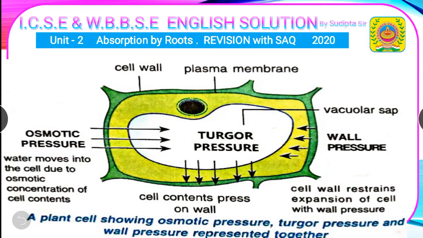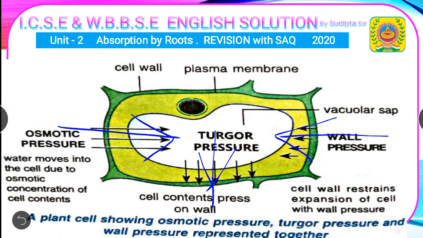Now you can see this whole thing over here. Osmotic pressure is occurring from outside to inside, and turgor pressure is acting from inside to outside on the cell wall, and wall pressure is occurring from outside to inside.